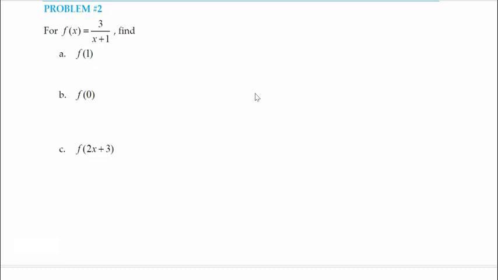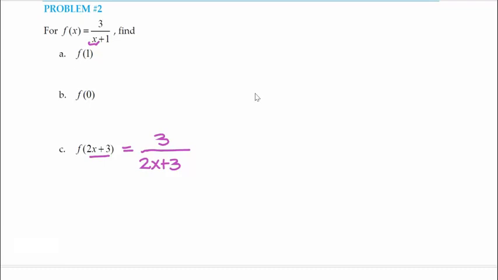So, I think on these first 2, you got a pretty good idea there, but let's look at part C. So on this one, I'm doing 3 over x plus 1. So again, in place of that x, I'm putting 2x plus 3.